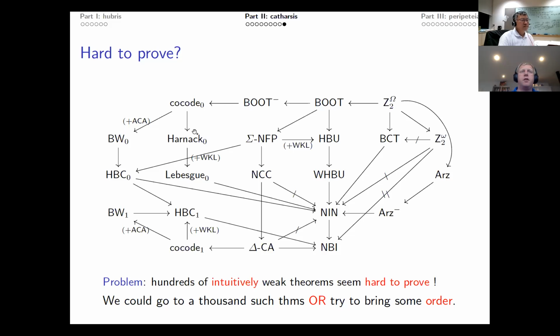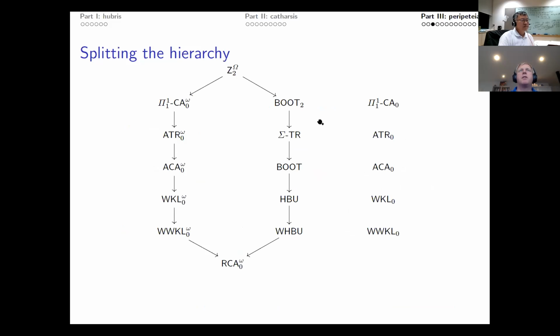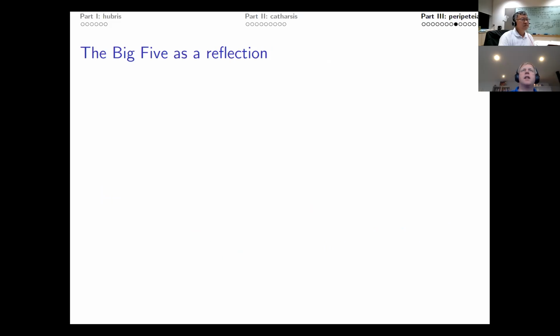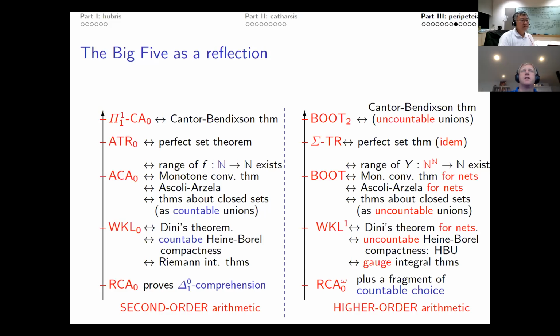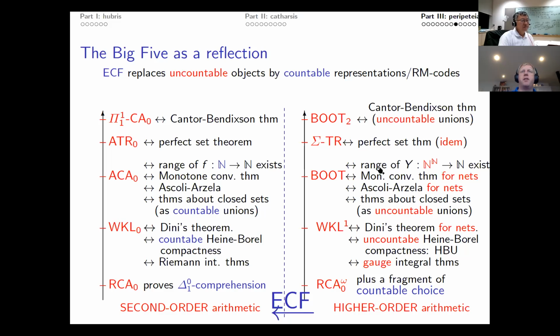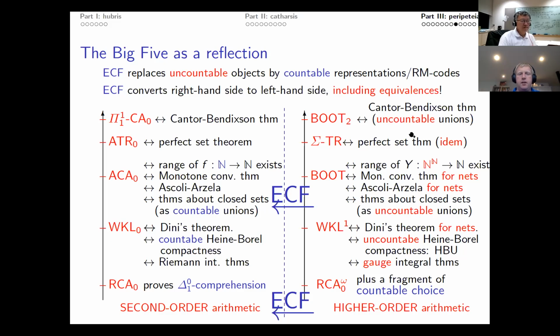There's a lot of strange stuff out there, but if you want a nice clean picture, then this is nice. There's the big five of reverse math, and there's also the big five of higher order reverse math, a higher order generalization in the most mundane sense possible, because as I said, from sequences you go to nets, from the Riemann integral you go to the gauge integral, and so on.